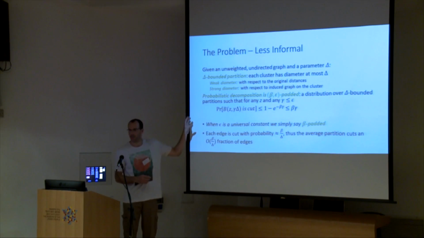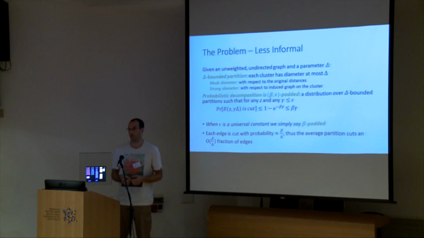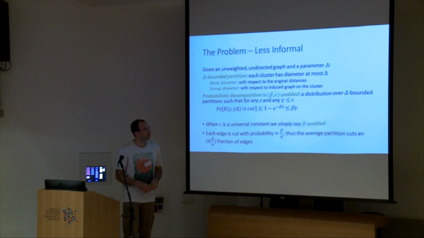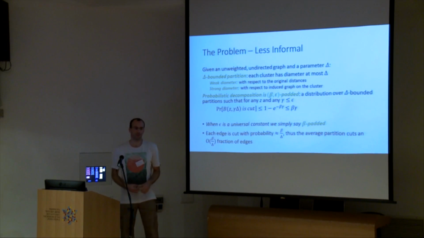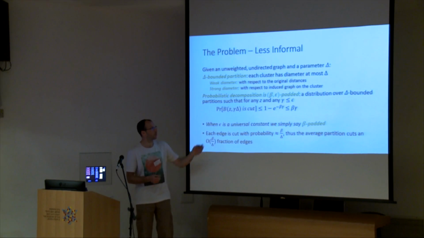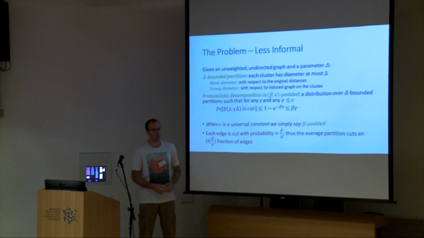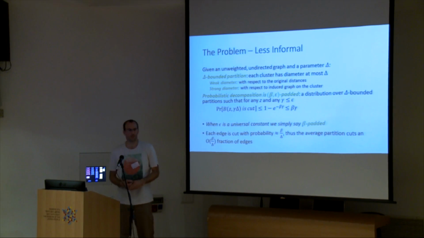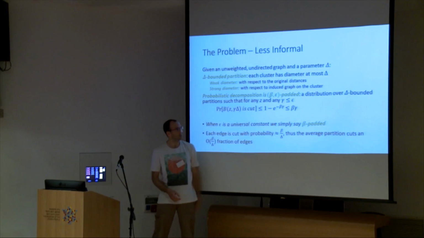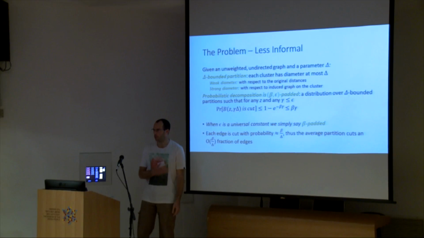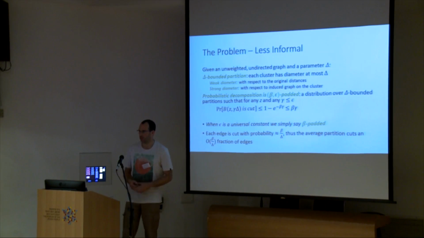Just to relate this to the original deterministic problem, when you talk about the number of edges removed, notice that if the graph is unweighted, as we're going to assume in this talk, edges are fully contained in a ball of radius 1. So you need to take your gamma to be 1 over delta. So the probability of an edge being cut is essentially beta over delta. So the average partition, when you sample from this distribution, is going to cut roughly a beta over delta fraction of the edges.